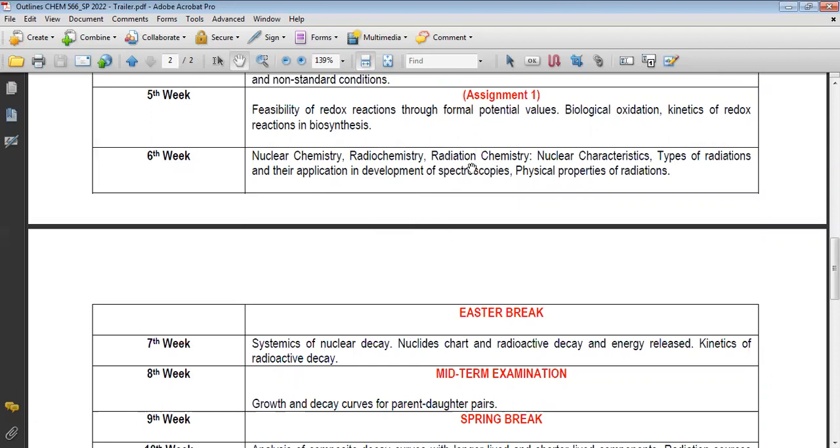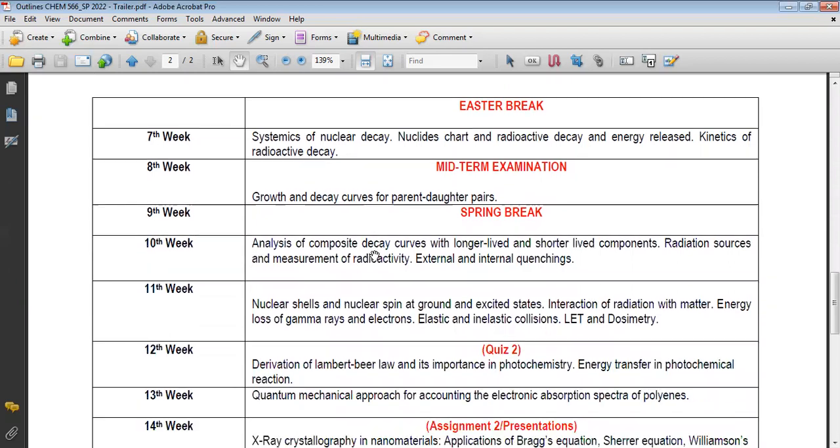I have included this because some students want to build a career in nuclear medicine, and some students are working on the labeling of different nuclides and their application in anti-cancer and other drug development. This part would help you understand the basic concepts related to nuclear chemistry.